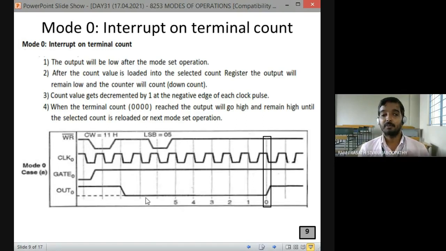So after I have put a count value in the counter register, it is going to start counting. Decrement ஆக போகுது. Fine. When it reaches the terminal count, it is generating the interrupt by making the out pin high. Is it clear to everyone? That's why this mode of operation we call it as interrupt on terminal count.